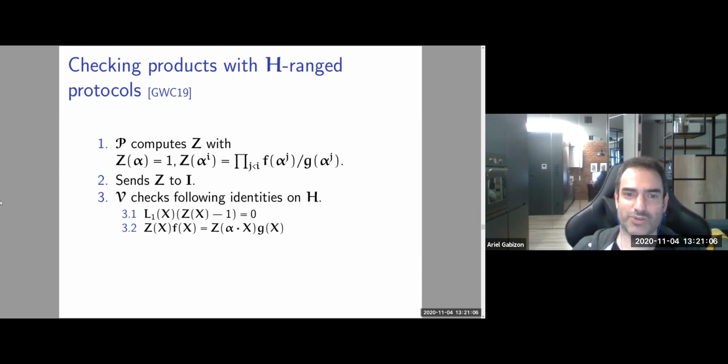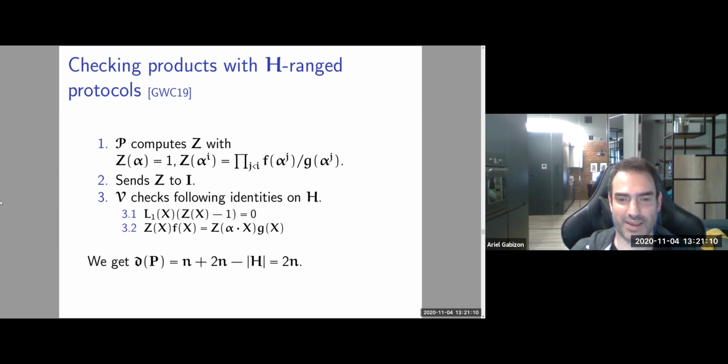So now the question is, what's the complexity of this protocol? The prover only sent this polynomial z, which has degree n, and the identity.